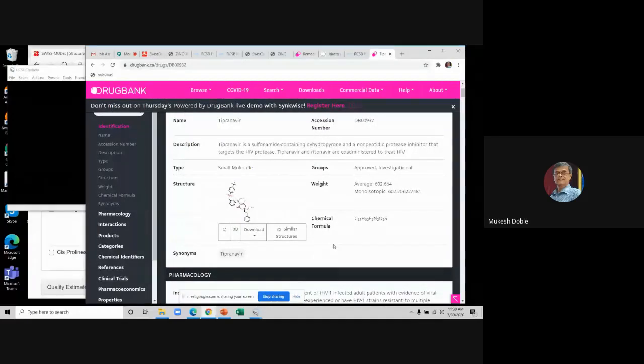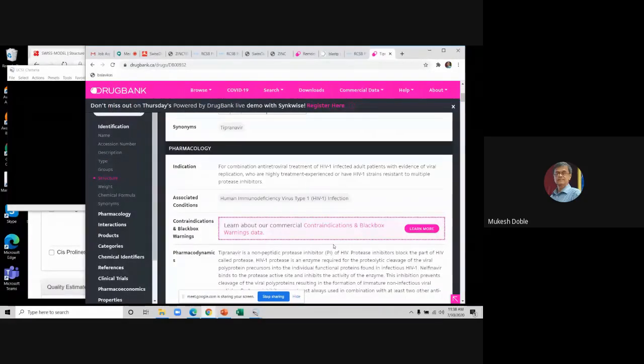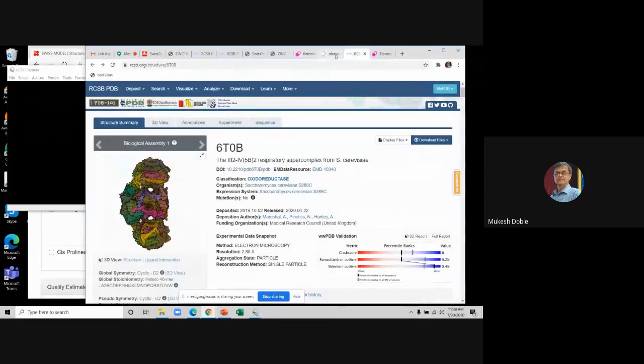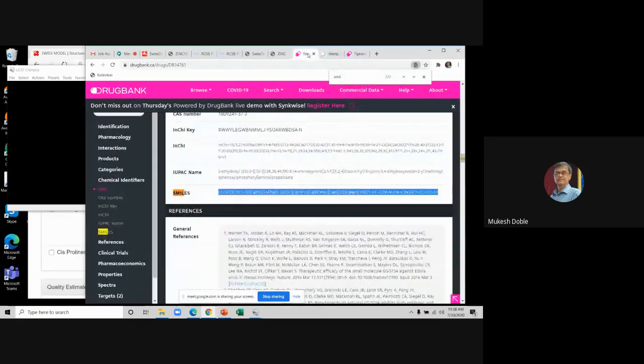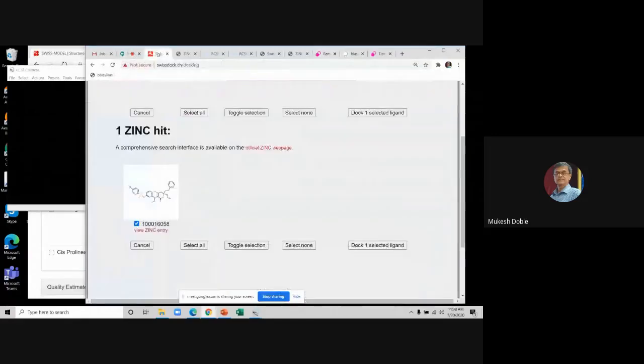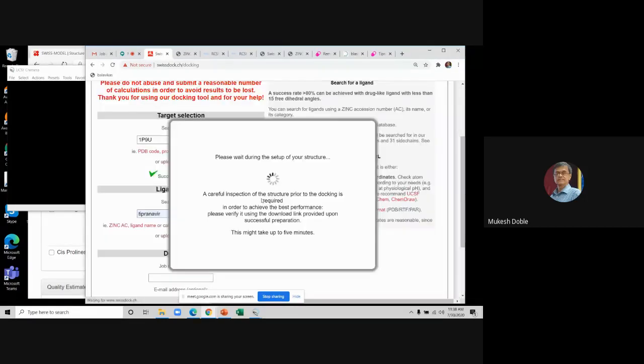It's an antiretroviral treatment for HIV. Tripanavir was also given for the current pandemic in some cases. So we can give that and see how it docks to the SARS protease, which is 1P9U.